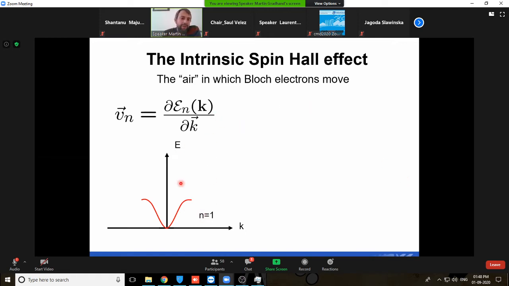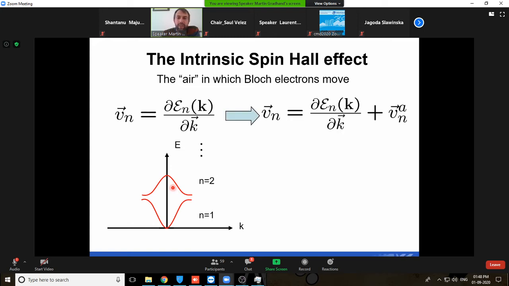If you have here a simple band structure, one band, energy as a function of momentum in a periodic crystal, you can easily write down the velocity of such a particle, and the velocity would just be the dispersion, the first derivative of energy with respect to k. But as soon as you have more than one band, this electron will feel the vicinity of all the other bands, so you actually have to correct this trivial velocity with what is called the anomalous velocity.